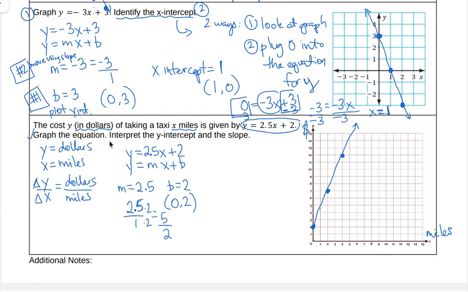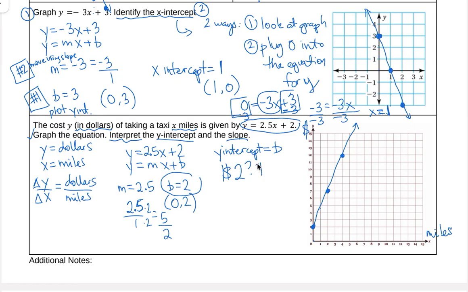The second part, it said, please interpret y-intercept and slope. So y-intercept equals b. So we want to know, what does b equals 2 mean? What does this 2 mean? Well, it's $2, okay? So what does the $2 mean?